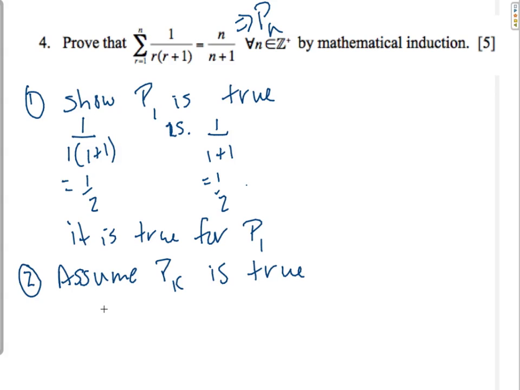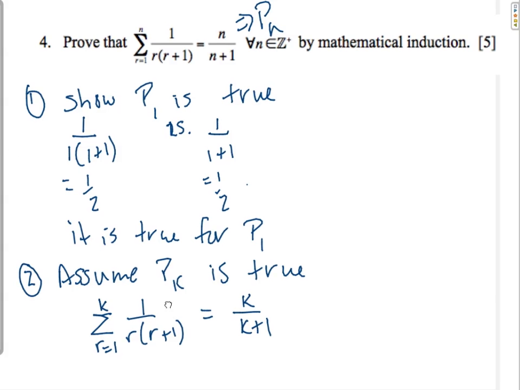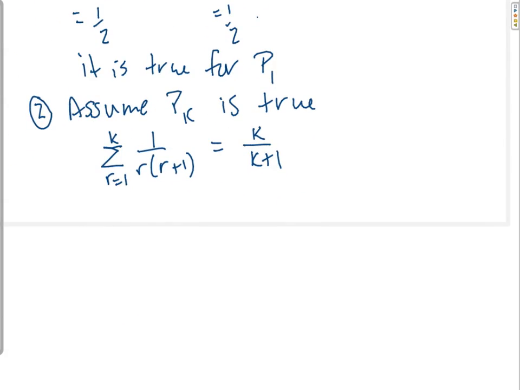In sigma notation, what that means is I am going from r equal to 1 to k of 1 over r plus 1, and that is going to equal k over k plus 1. This is my assumption step. I will use this to substitute.